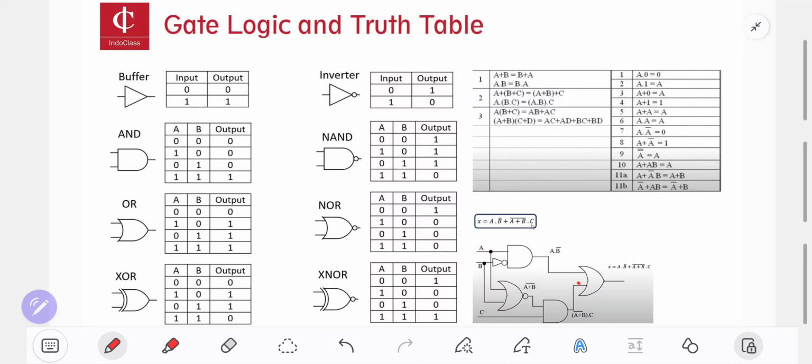From number 1, we go to the NAND gate logic. NAND is different from AND. You can see on the truth table, if the output is 0 from AND gate logic, in NAND gate logic the output is 1. 1, 1, 0.